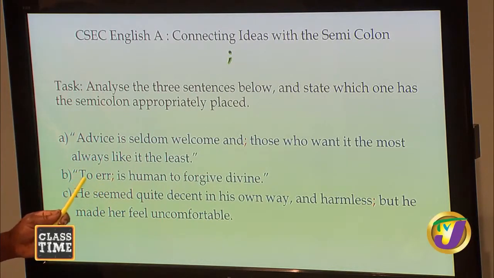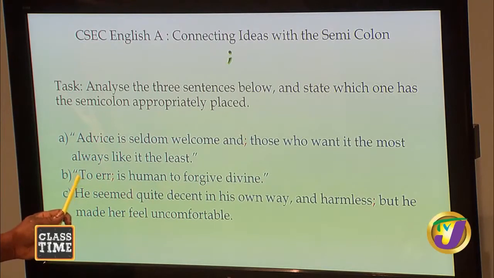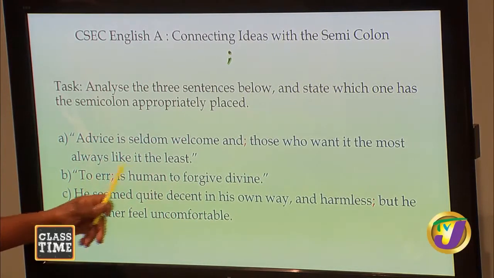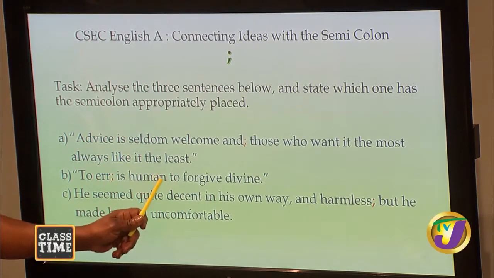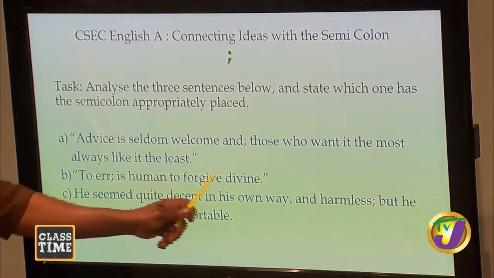It's not enough to say, I want to just hold my breath a little and then I continue expressing myself. You should really put it where you have the end of an independent thought or a sentence. So this would be an error, but sometimes you make these errors. To err is human, so you would need to have the semicolon right here, to forgive divine.